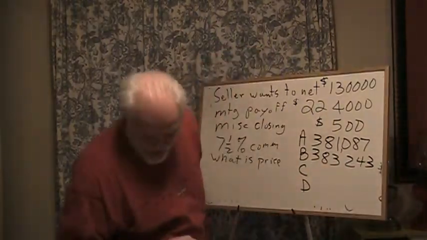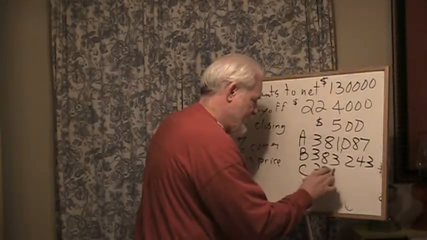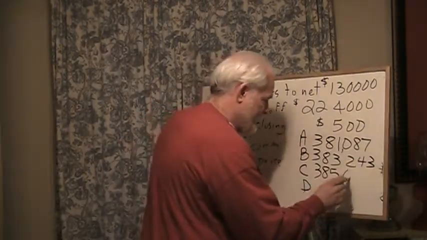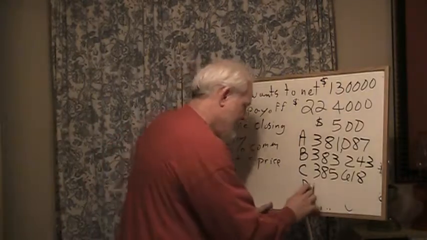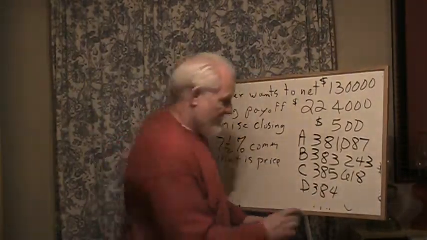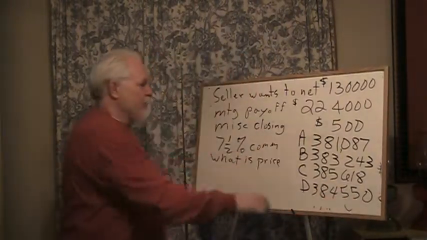And choice C is $385,618. And choice D is $384,550. All right. Those are the choices.